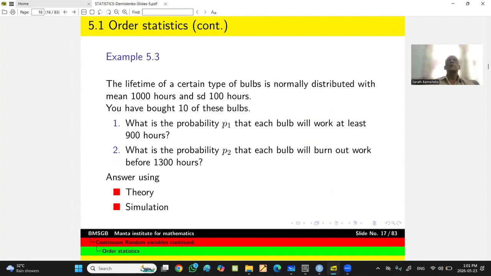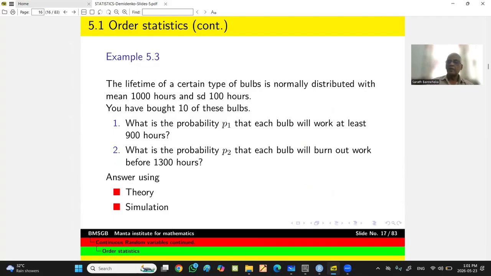If the maximum lifetime is less than 1300, each lifetime will be less than or equal to 1300 hours. And the other way around, if each lifetime is less than or equal to 1300 hours, the maximum will be less than or equal to 1300 hours. So therefore, we can answer that question using the X10, the 10th order statistic.